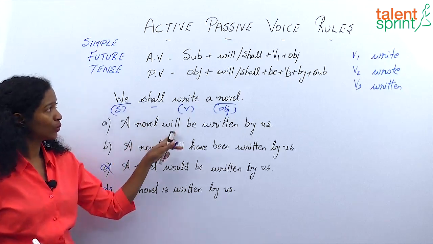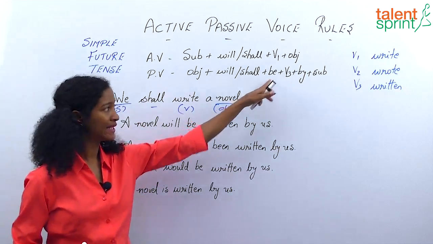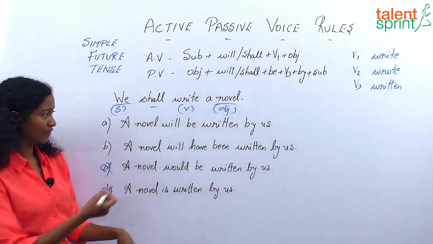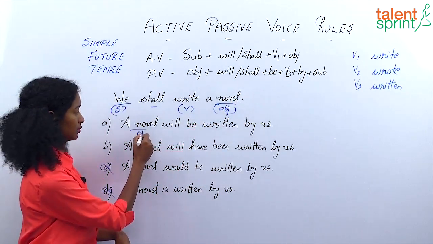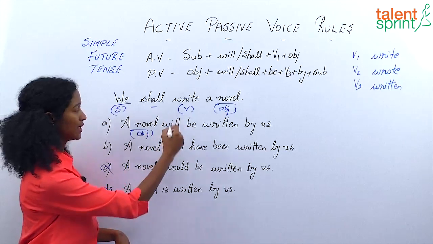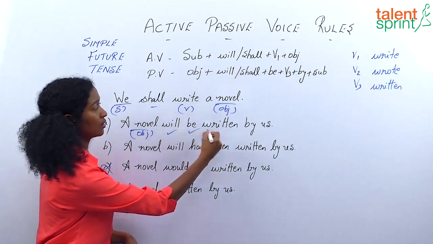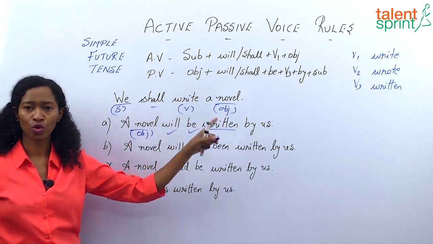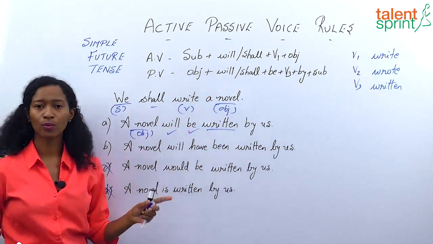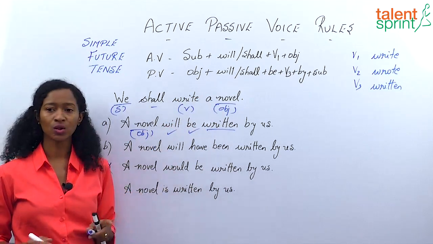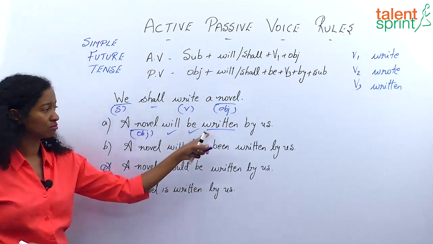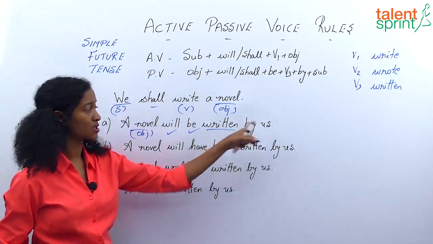A novel will be, okay, so I have the object, will is there, be is there, write, wrote, written, right? Write is verb 1, wrote is verb 2, written is verb 3. So that's correct by us.